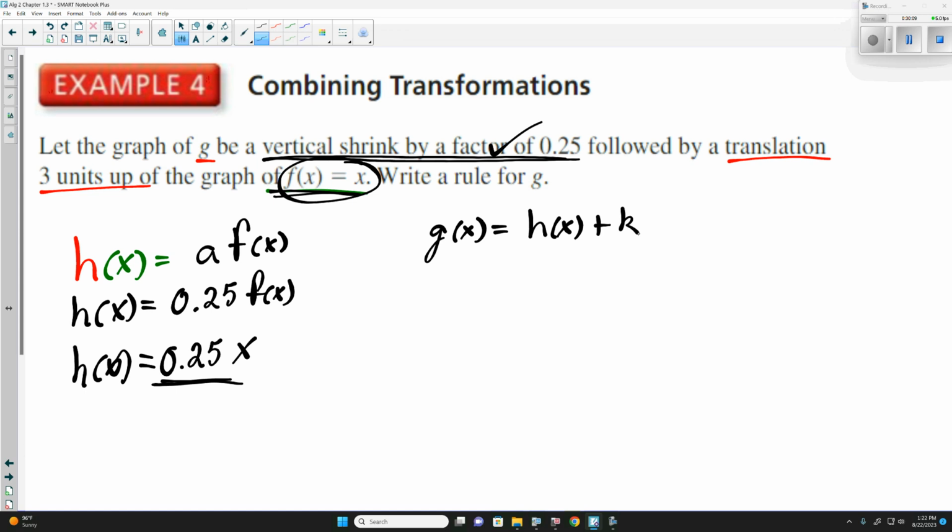What are we applying it to now? H of x. So we see how we changed the notation? Now we're referring to h of x, not the original function f of x. So what's the value of k? And it would be plus, because it's going up.